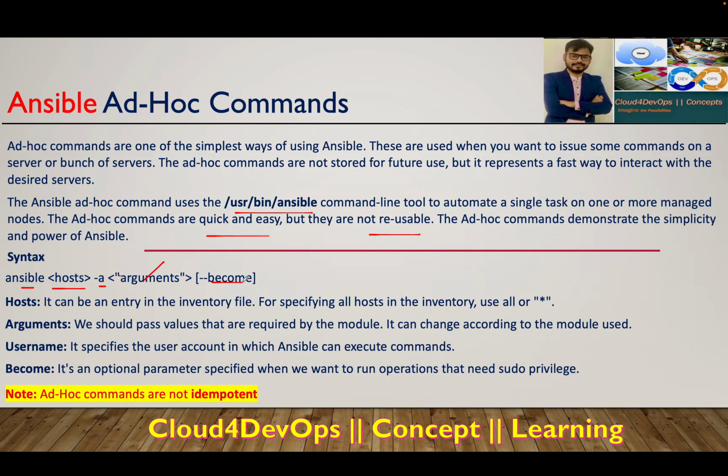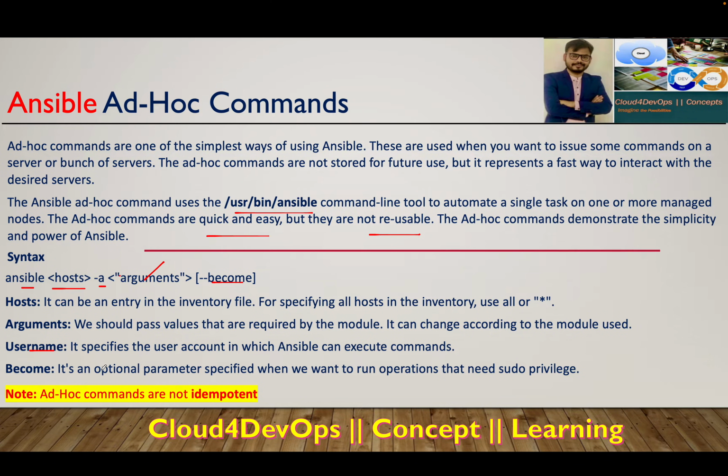Become is for gaining the sudo access, because if you write --sudo, it will not take that command because that has been deprecated. We use become or -b, right? And you can also use a username. So if you want to run as an Ansible user, just type -u and run the command.